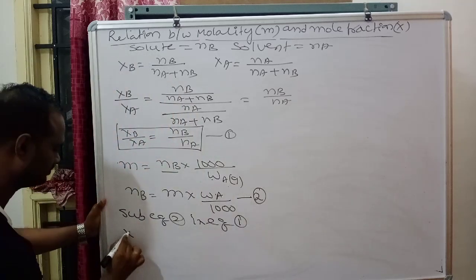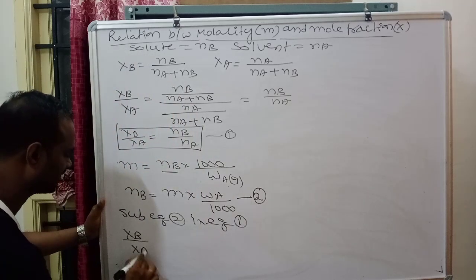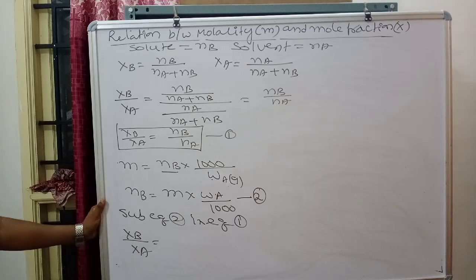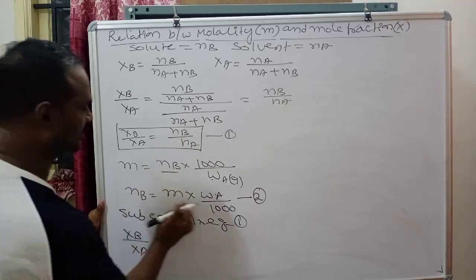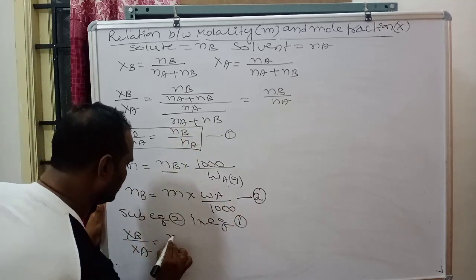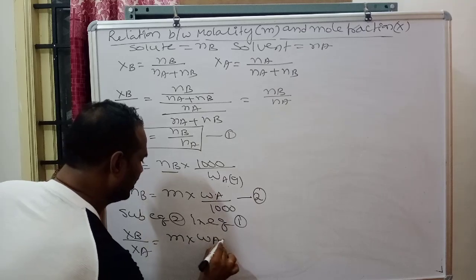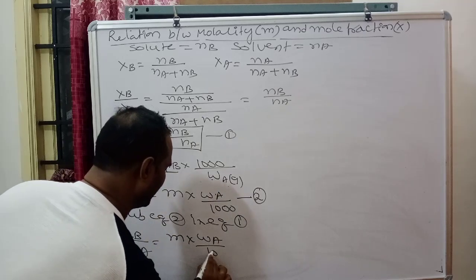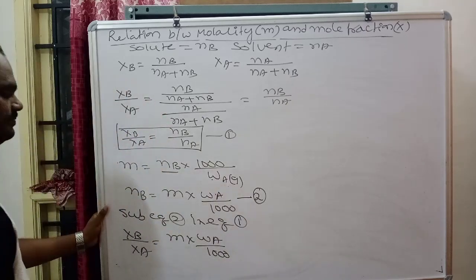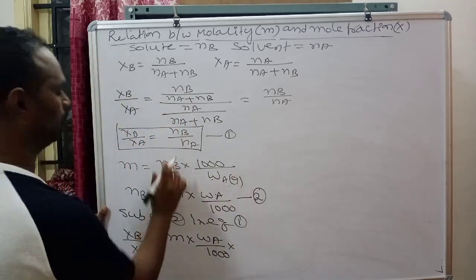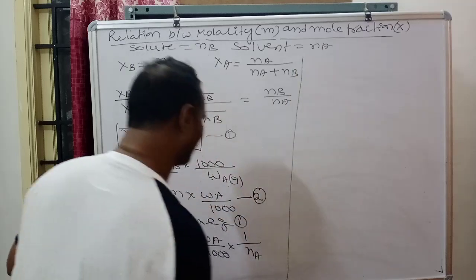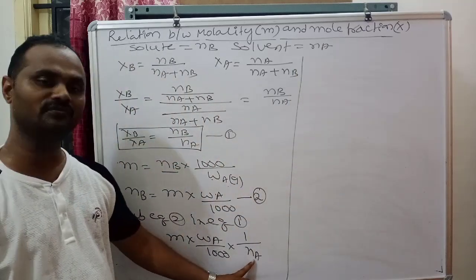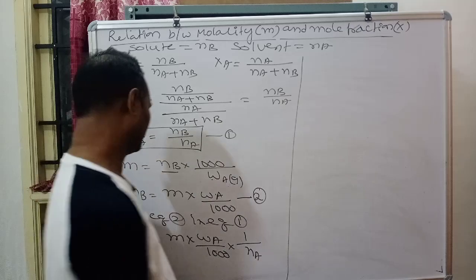What we are getting? XB by XA is equal to, in the place of NB, we write m into WA by 1000 into 1 by NA, where NA is the number of moles of solvent.